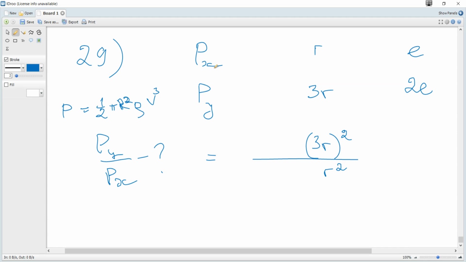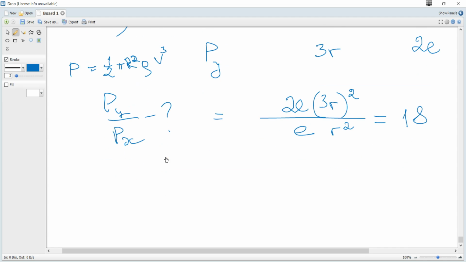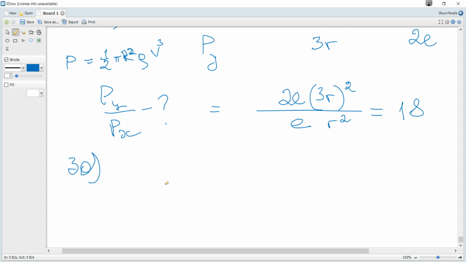X can extract one part, or something, but Y can extract 2 times larger amount of energy, and we can see that Py over Px, or Py, is 18 times larger, and it's D.